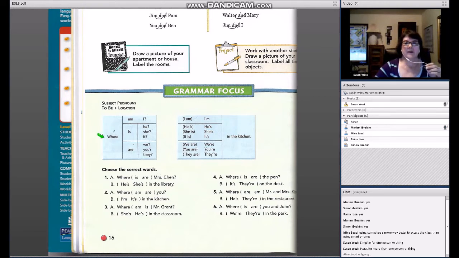All right, so our questions now are where, and then go to the top of this chart here. Where am I? Where is he? Where is she? Where is it? Where are we?